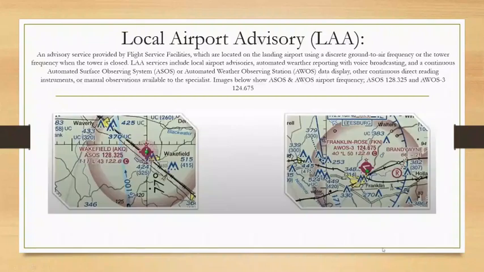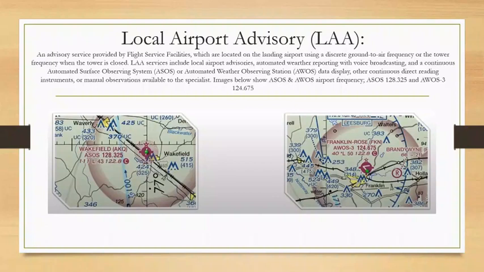Local airport advisories, also known as LAA. This is an advisory service provided by flight service facilities, which are located on a landing airport, using a discrete ground air frequency or tower frequency when the tower is closed.